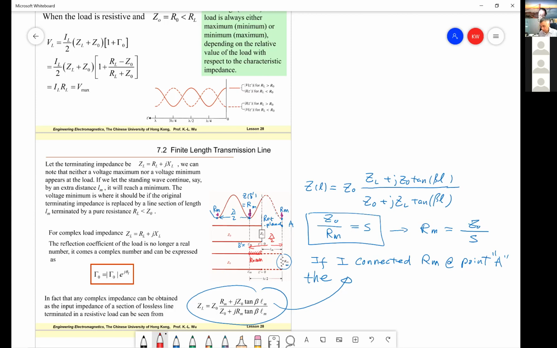So I can find Lm. And beta is 2 pi over lambda, so lambda is known.